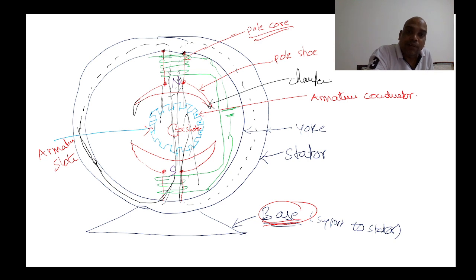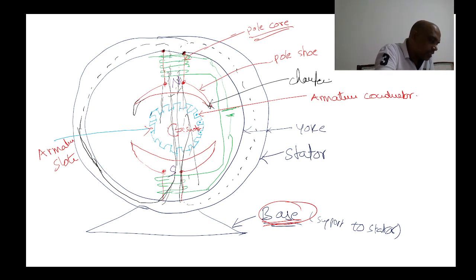The pole shoe is attached to the pole core, and since the air gap between the pole shoe and the armature conductor is very thin, it can provide a uniform flux.